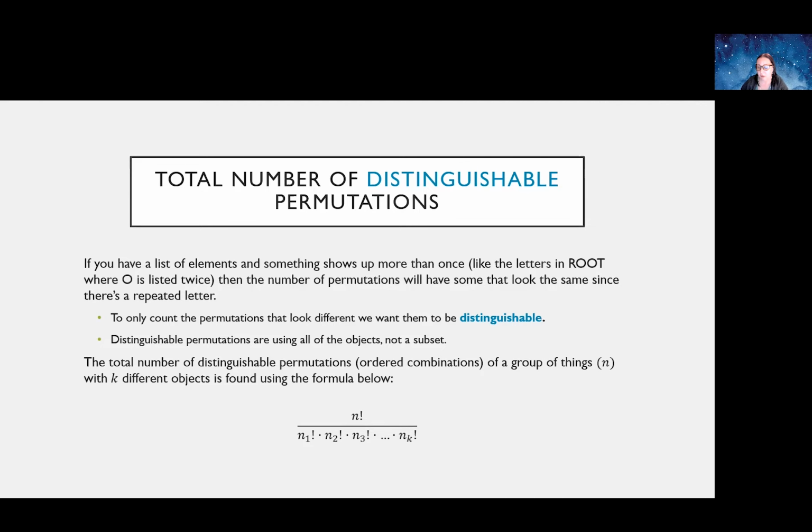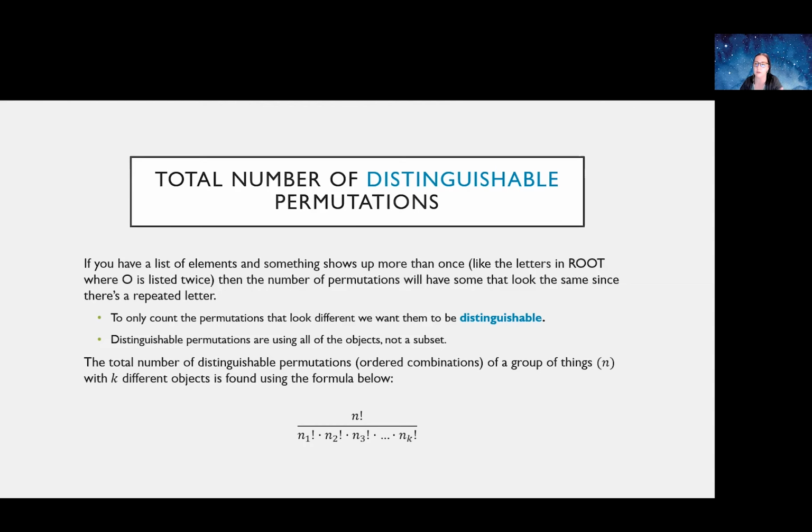They look identical. We don't want to count those as separate. So we want them to be distinguishable, and we want a way to eliminate those doubles that may show up if you can pick something more than once.